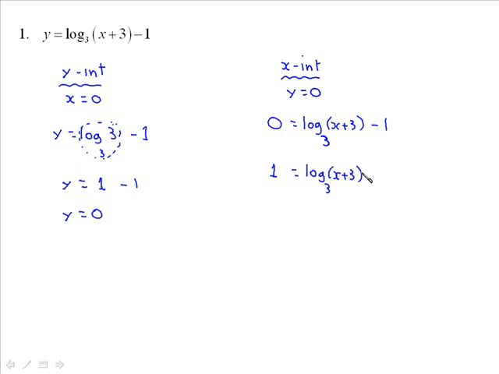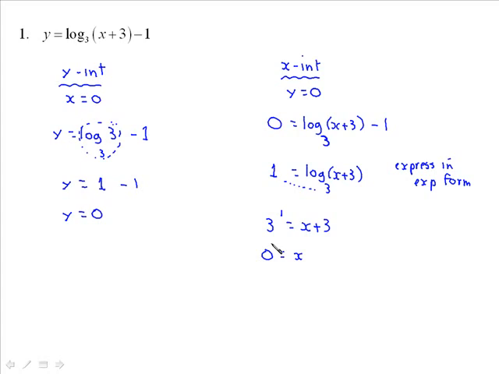And express in exponential form. So exponential form would require us to start at the base, go 3 to the 1 is equal to x plus 3. And when you solve for x now by subtracting 3, you will get 0.